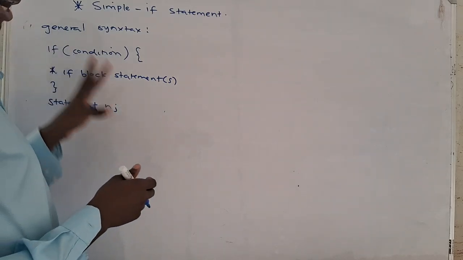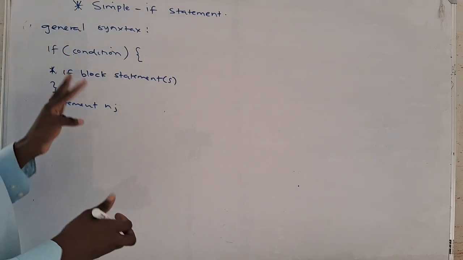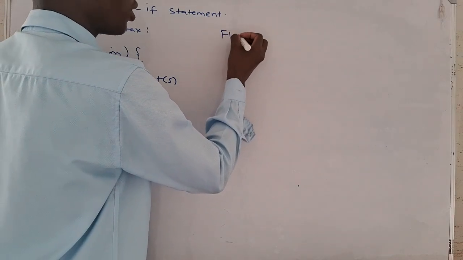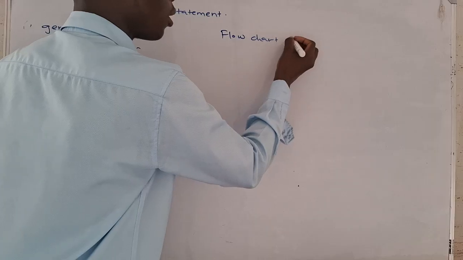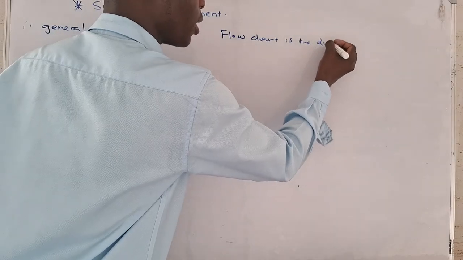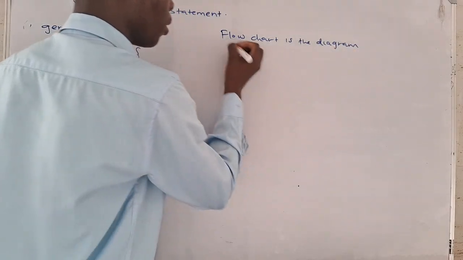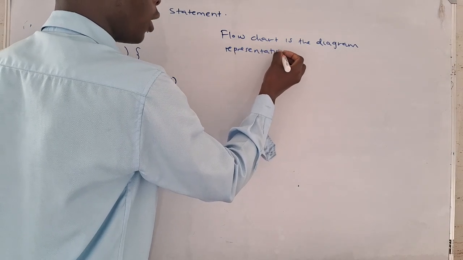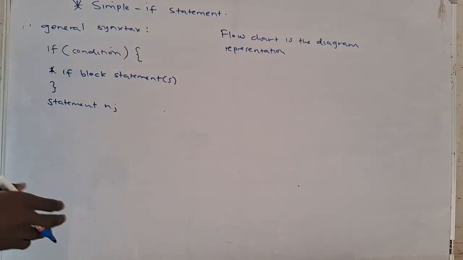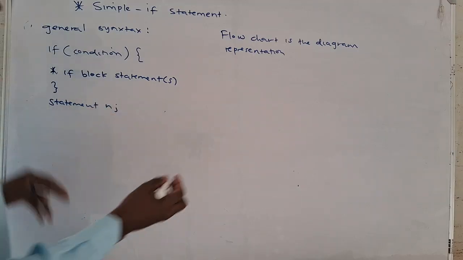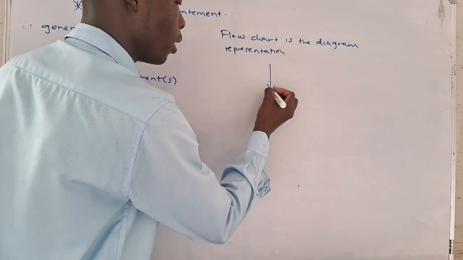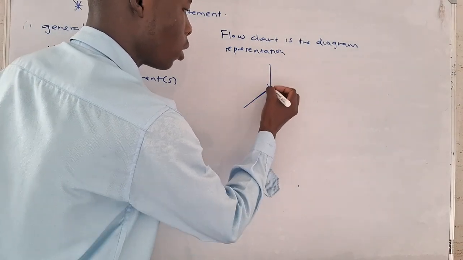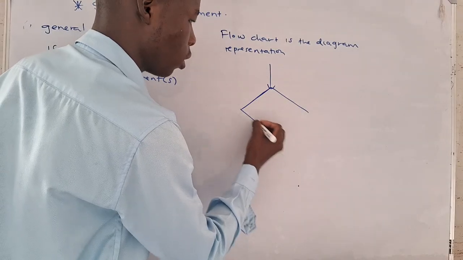Now I want to draw the flowchart. The flowchart is the diagrammatical representation showing how the program is going to be executed. So this is the input, and this is the condition.